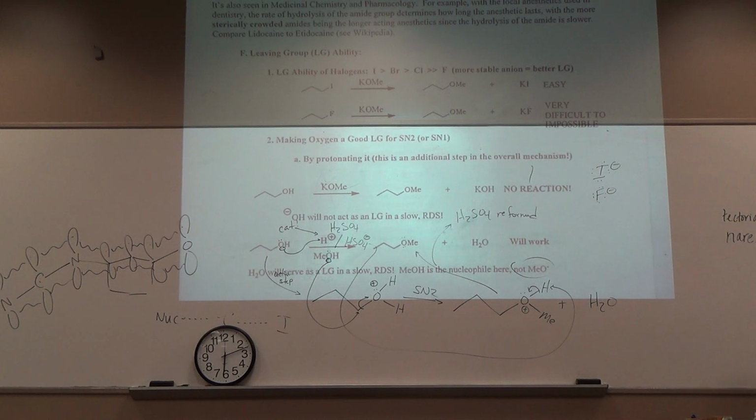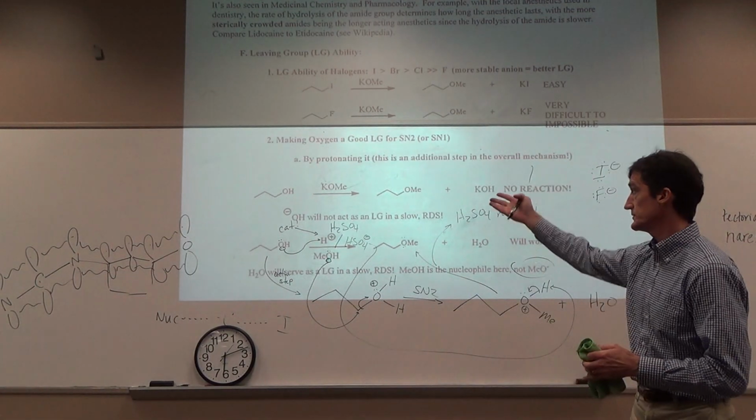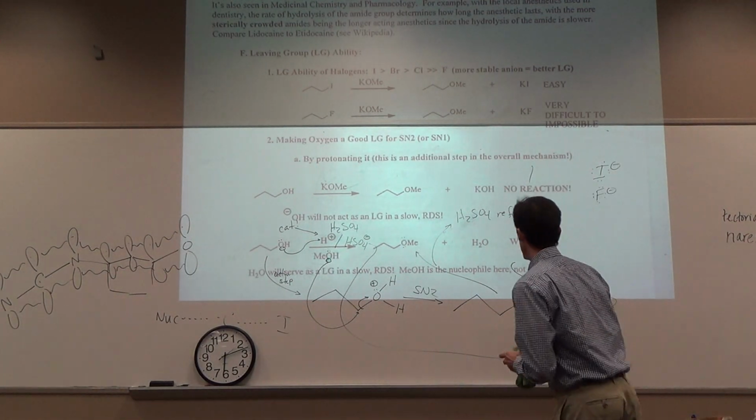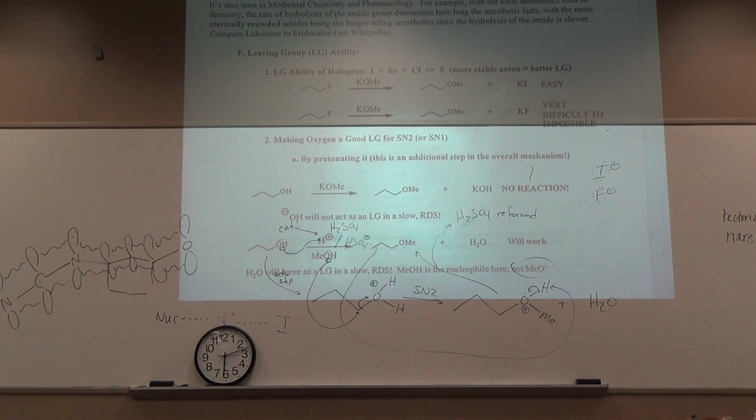Okay, oxygen. Oxygen's a great leaving group under acidic conditions. Under neutral or basic conditions, oxygen's not going to leave. How do we know? Because many people have tried in the lab and it just doesn't work.